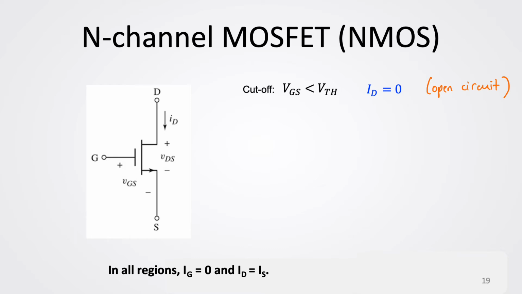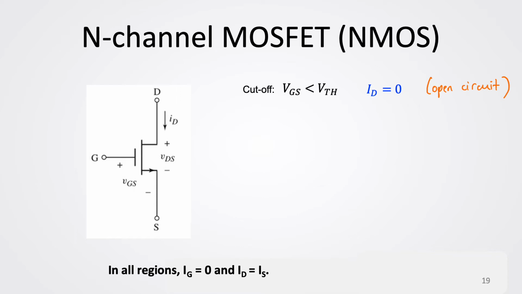Now, because of the way that the NMOS is structured, where you have an oxide under the metal, the substrate is insulated from the gate terminal, so the gate current in all regions of operation is equal to 0.